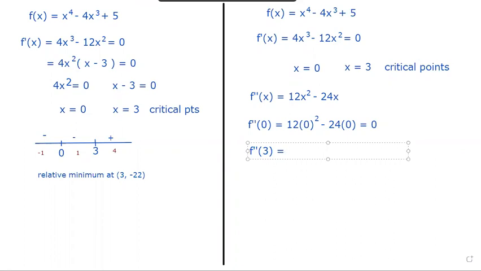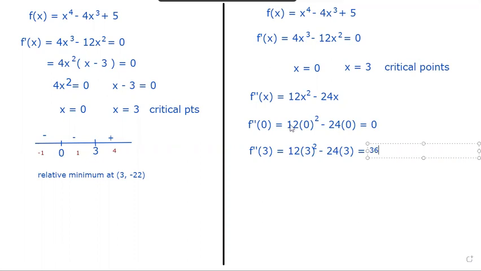Okay, now let's look at F double prime of 3. Like we said, use your notes right here. That's 24 times 3. So this is going to give us 108 minus 72, which is equal to, what is that, 36?